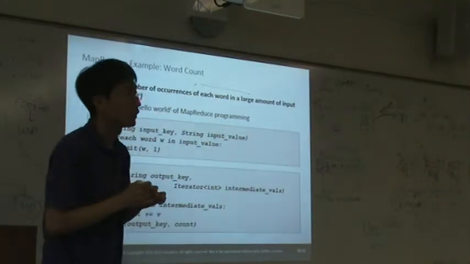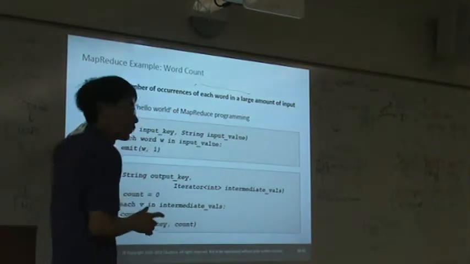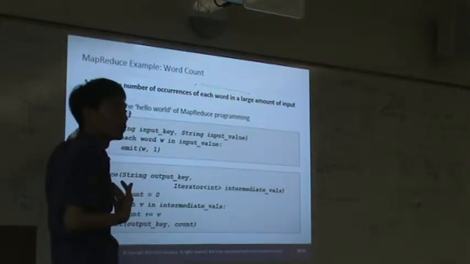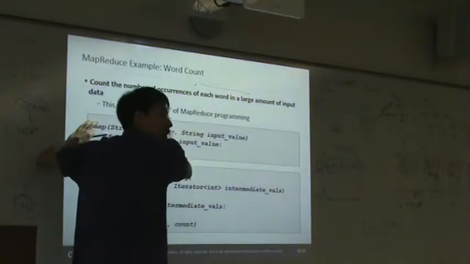But you need to keep this in mind. It's the first mapper. In word count, our mapper should do the emission. Emission means word and one, key and value.